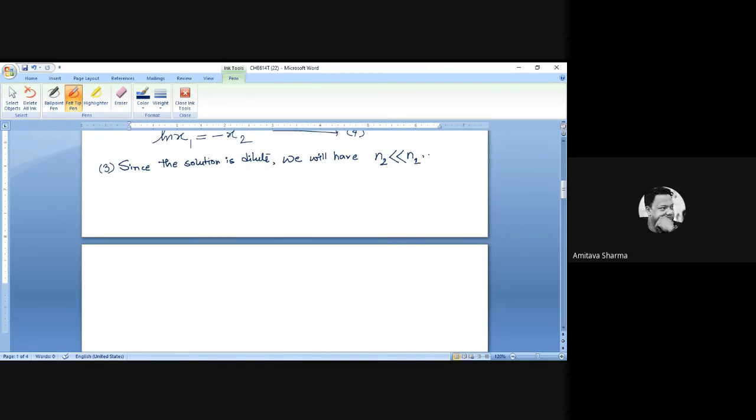So we can write x2 equals number of moles of the solute divided by total number of moles, that is solute plus solvent. But as N2 is very much smaller than N1, I can approximate it as N2 divided by N1. So I have approximated N1 plus N2 as very close to N1.